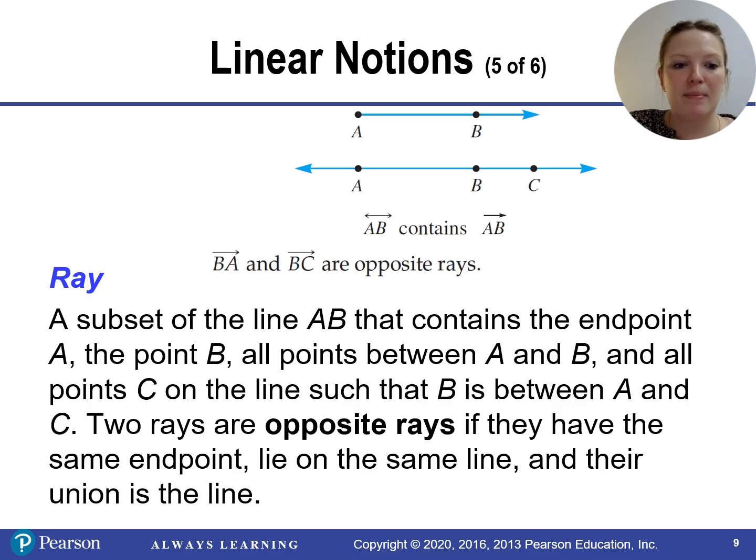So if you think about this second picture, we have 2 opposite rays. BA is one ray, and BC is the other opposite ray, because if we put them together, then we will see it gives us the entire line.